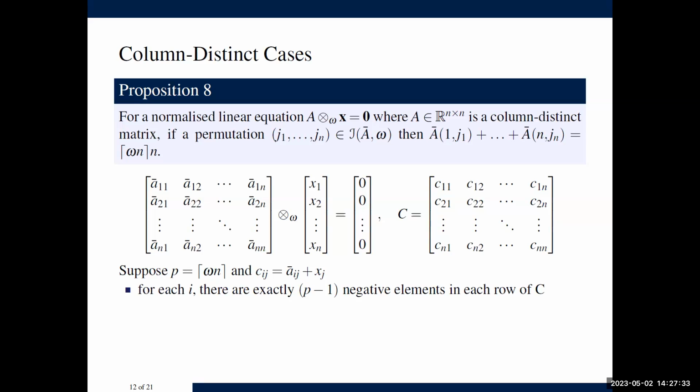That's why for each row of C, we have exactly P minus 1 negative elements, because we want to have something like this. Sorry for the audience in Zoom. So we have a set with something with an element, and we have 0 here. It should be the P-th smallest element. That's why we have something negative. It is exactly P minus 1, and the others should be N minus P, which is positive.